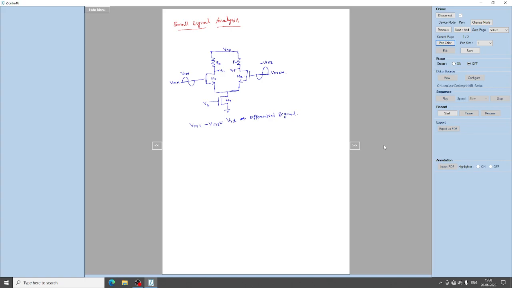So here what is the input that we are giving? Vin1 can be equal to VID by 2 and Vin2 is minus VID by 2. So this is the differential signal we are giving as the input for the differential amplifier, right.